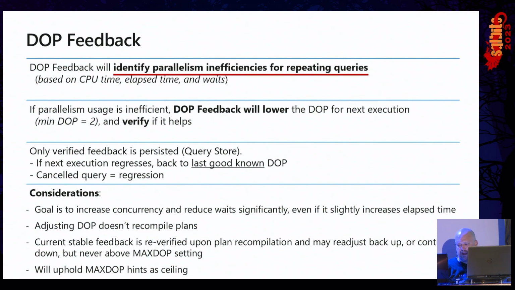We never go up, we only reduce. We don't recompile any plans or revalidate, and we never exceed the max DOP configuration for the server or a query. So you could look at that as the ceiling.